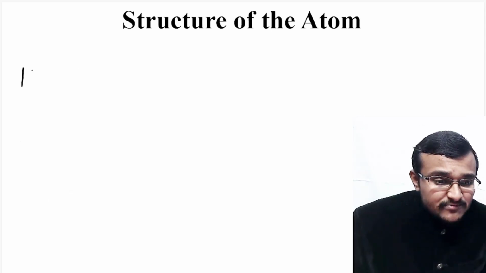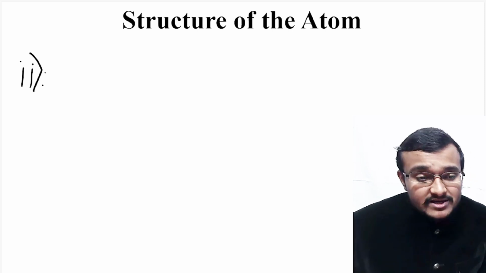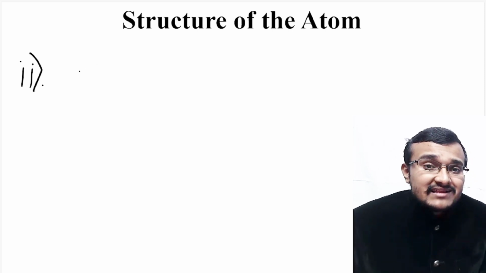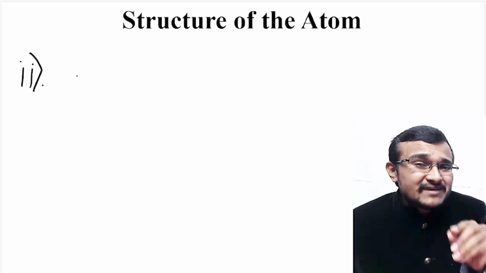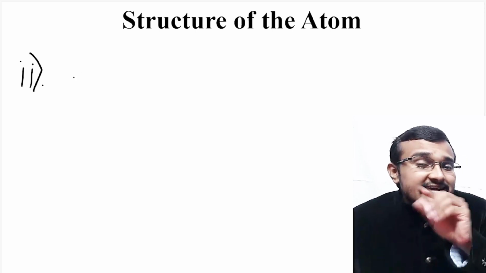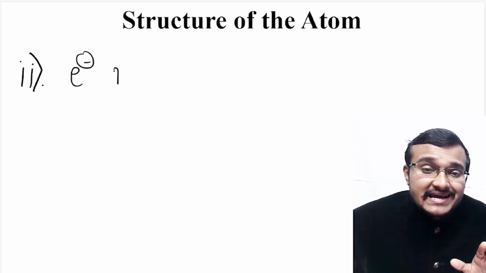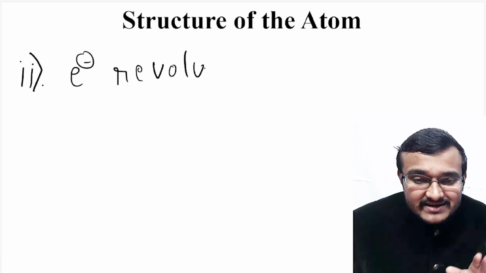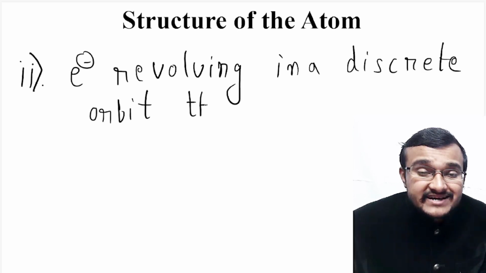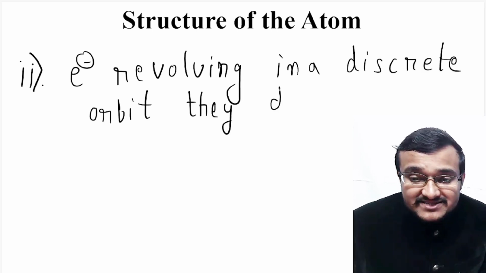So coming to the second postulate of Niels Bohr's atomic model, an electron which is moving in a particular discrete orbit is not accelerated. So electrons revolving in a discrete orbit do not radiate energy.